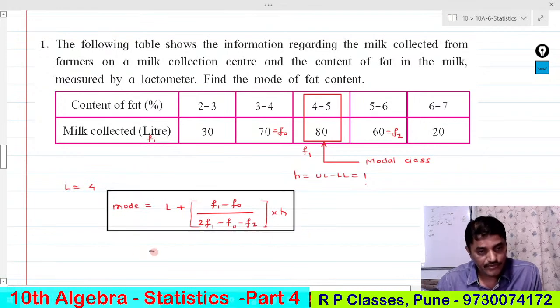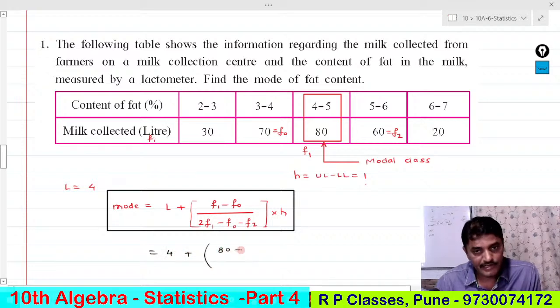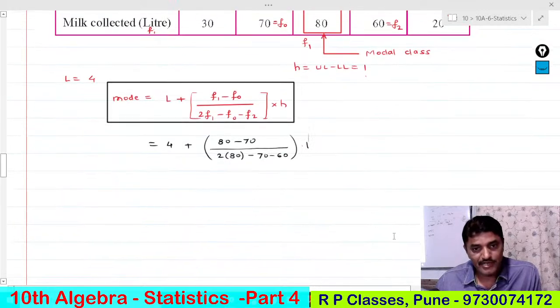That is so easy. Therefore this is equal to L is 4 plus, what will come? f1 is 80 minus 70, divided by 2 times 80 minus 70 minus 60, into h, which is 1. So overall, let's see what comes.